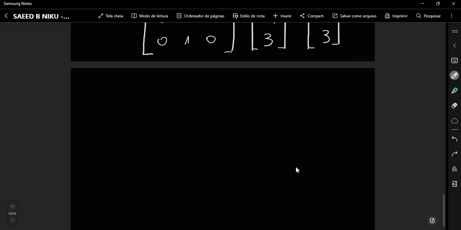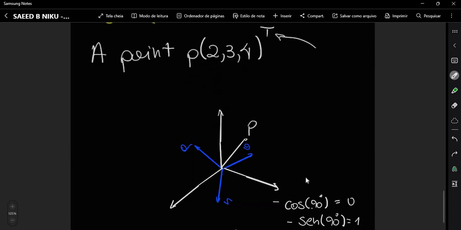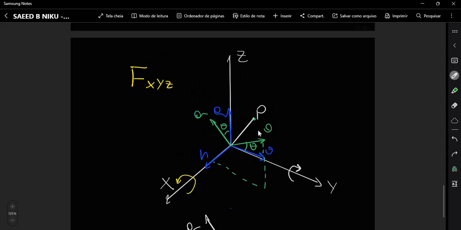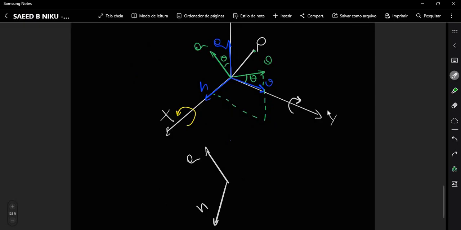Now I have already drawn how you can manipulate these transformations on the axis system. Okay, on the next video, we will talk about how you can represent the transformation of pure rotation together with the translation transformation.